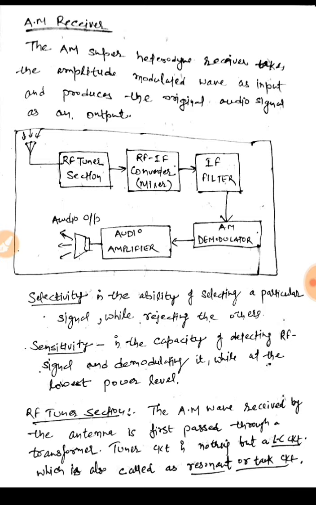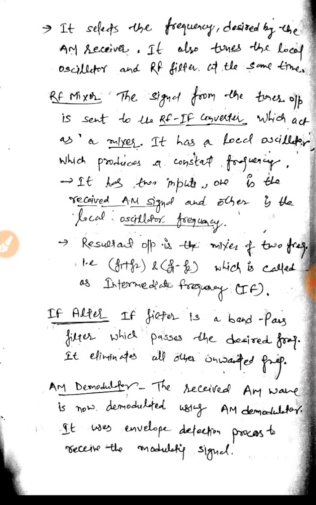So this is the RF tuner circuit which is used to tune to the required frequency. It selects the frequency desired by the AM receiver. Whatever frequency we need to receive, we can tune our circuit to that frequency using the LC circuit.